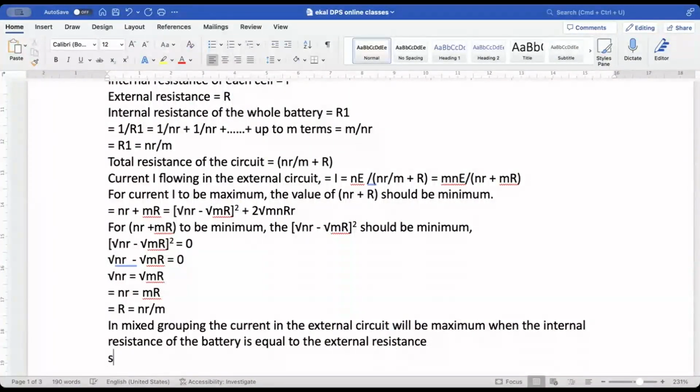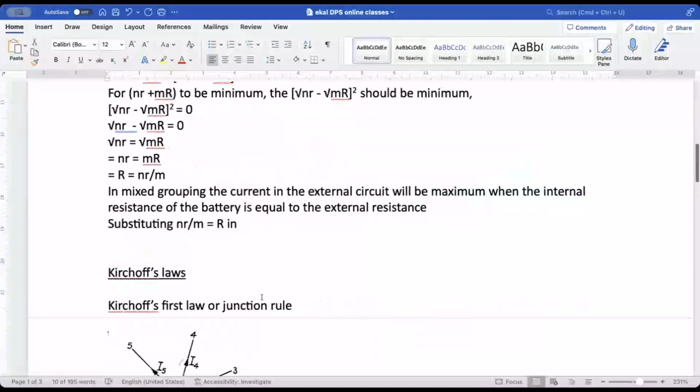So substituting NR by M equals to capital R in this equation, we may write I equals to MNE divided by NR plus MR. Right?